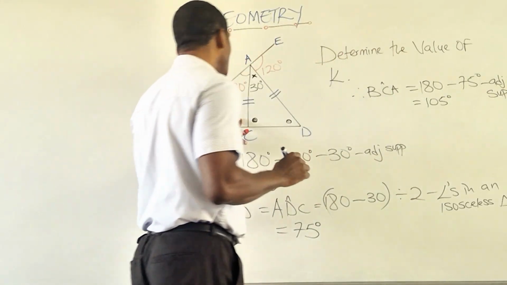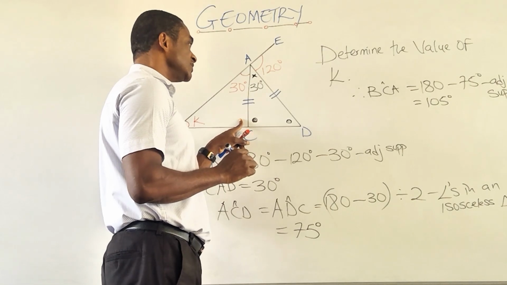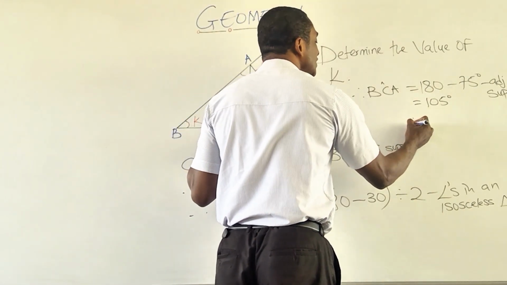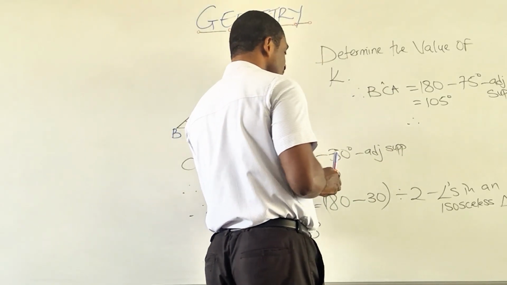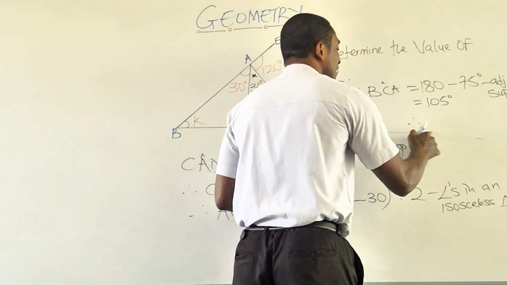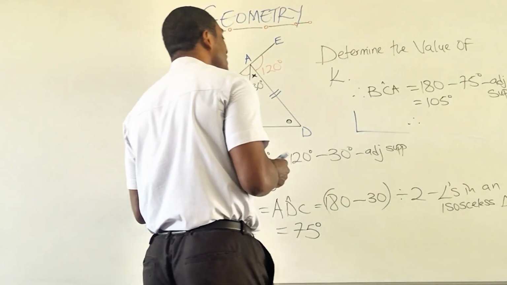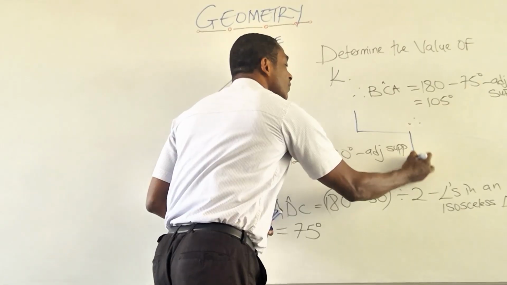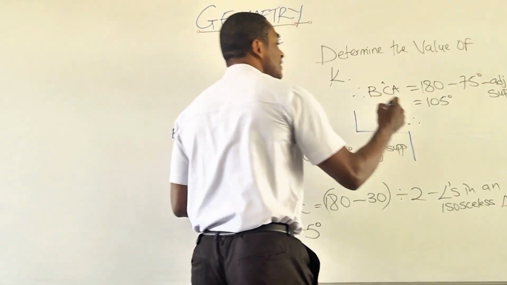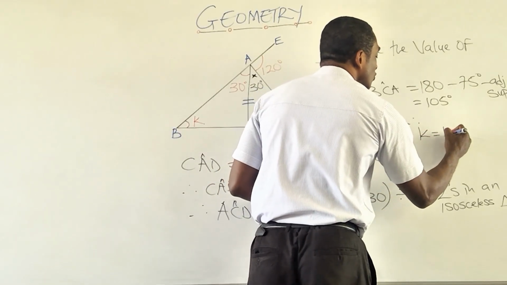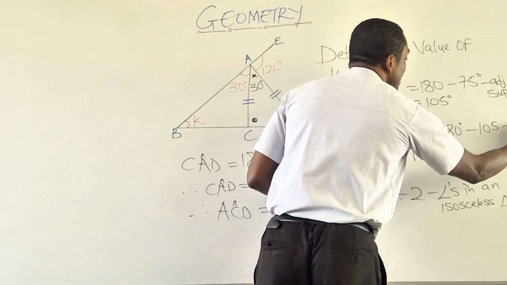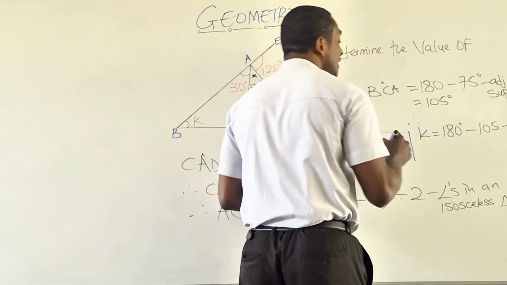So this is 105 degrees. If this is 105 degrees, we can now go to the last step and say, because this is 180 degrees, then our K will be equal to 180 minus 105 minus 30 degrees.